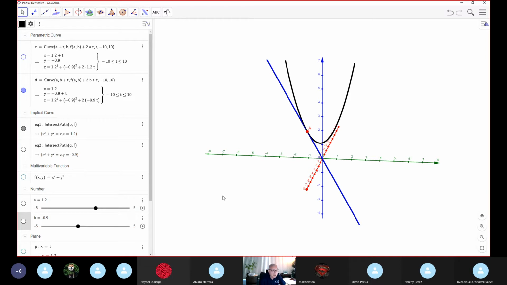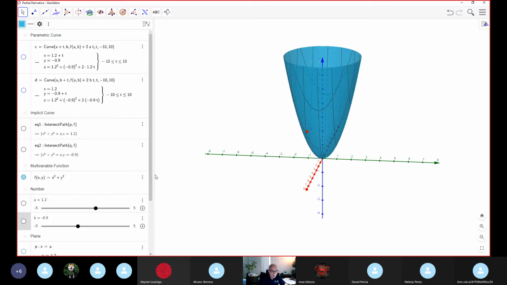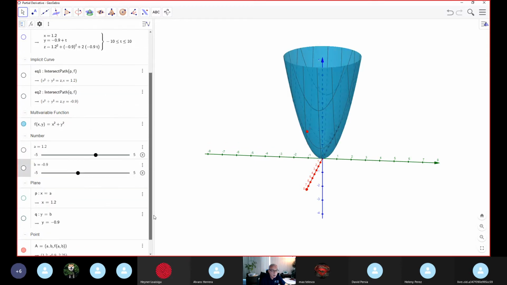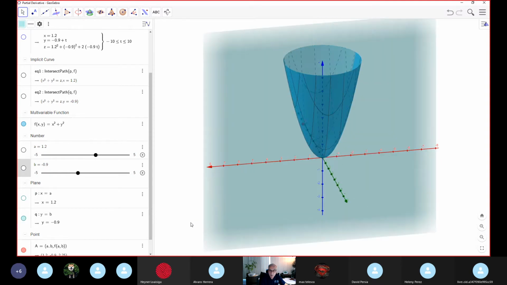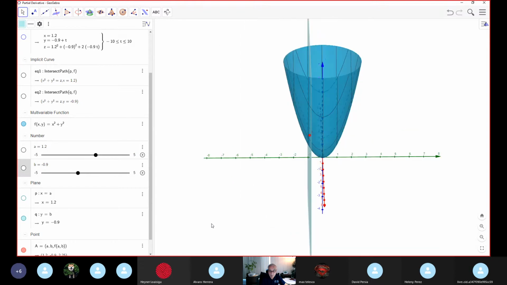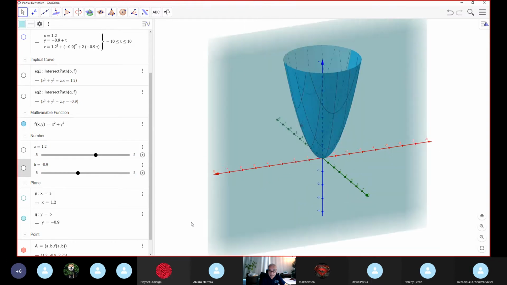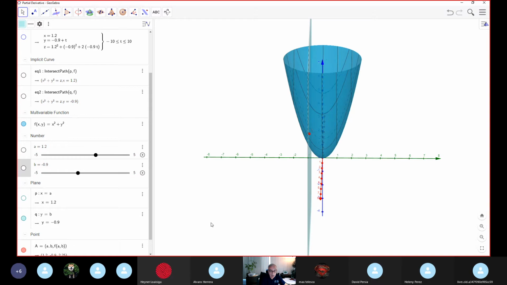Likewise, let me try to do my best. We come back, so no line anymore, no parabola anymore, paraboloid again. And the plane is y equal constant. Bam. It's a plane perpendicular to the green axis, which is the y-axis.